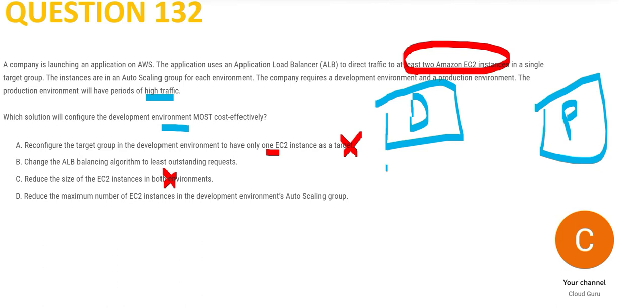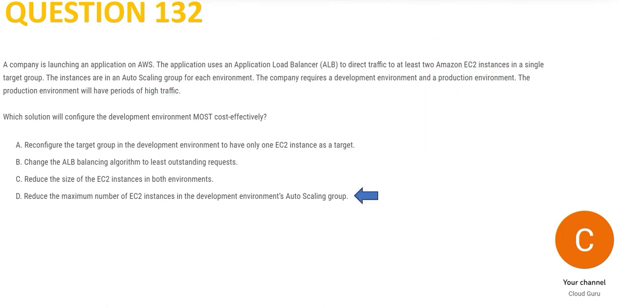And B says change the ALB balancing algorithm to least outstanding requests. That means the request which has newly come should get first priority. So that prioritization will not help here. You want to reduce the cost, so deciding whom to take first from the queue will not help in this case.